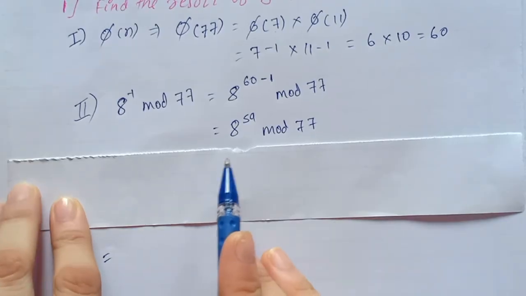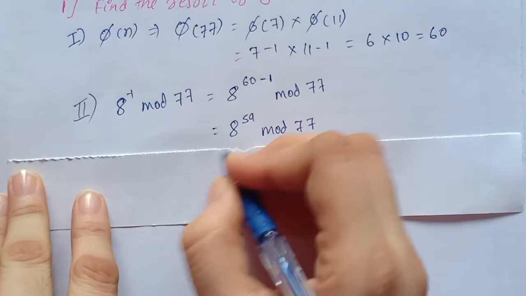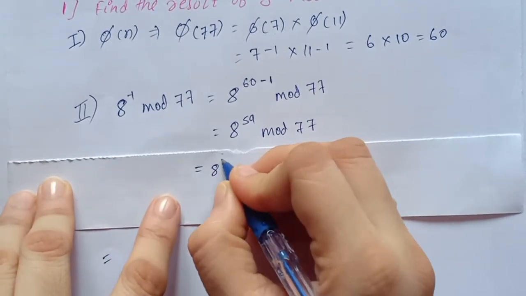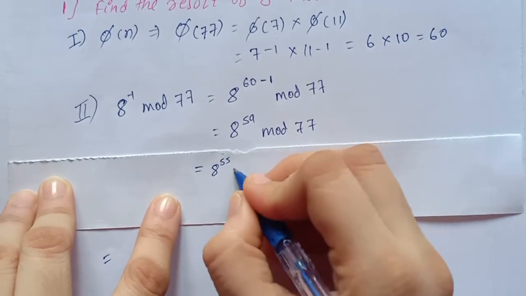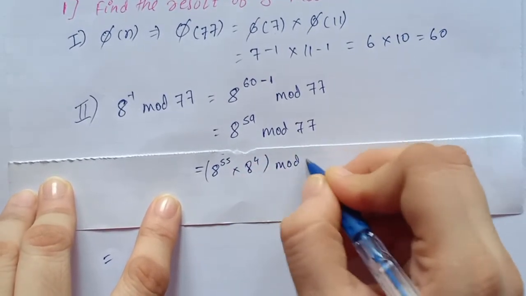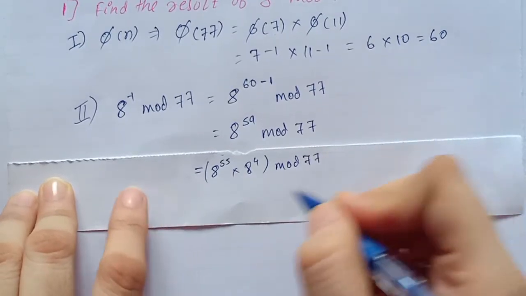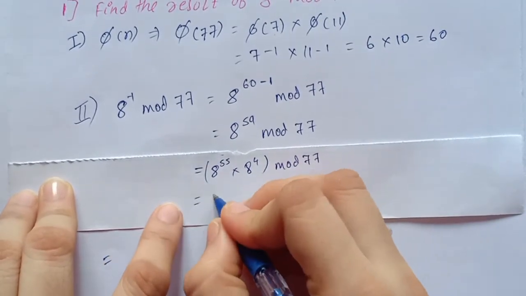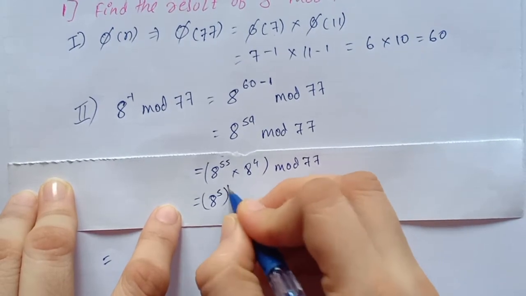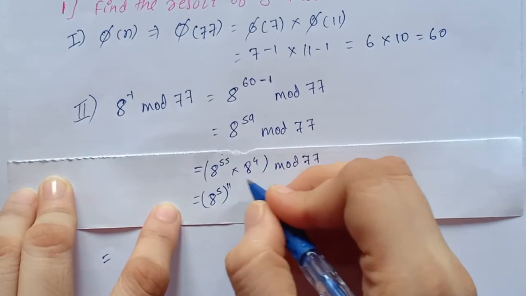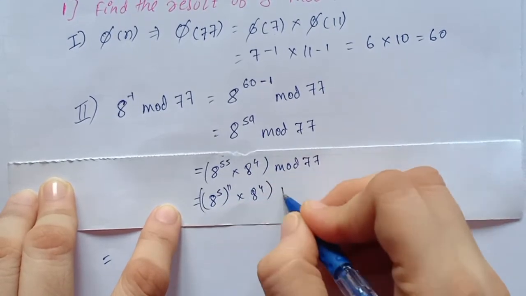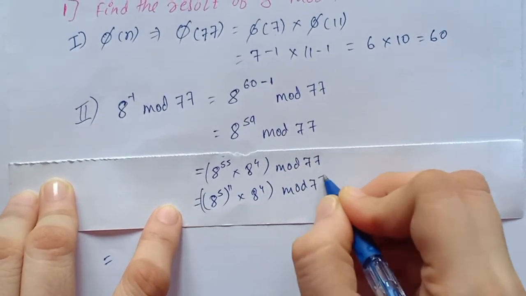We can split this as 8 raised to 55 into 8 raised to 4 mod 77. Again, 8 raised to 5, raised to 11, into 8 raised to 4, mod 77.